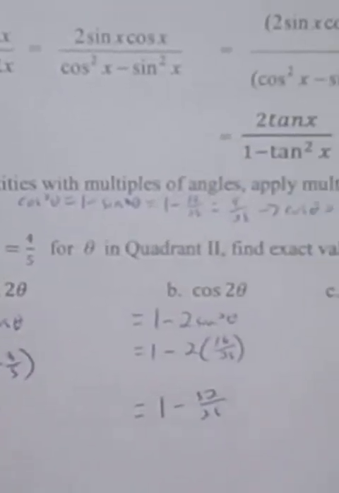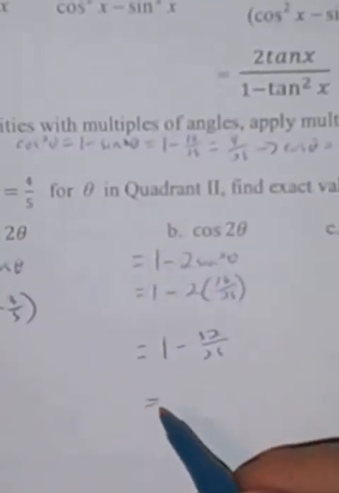All right, for cosine 2 theta, because I have the sine of theta, I could just use 1 minus 2 sine squared theta, which would be 1 minus 2 times 16/25. That'll be 1 minus 32/25.